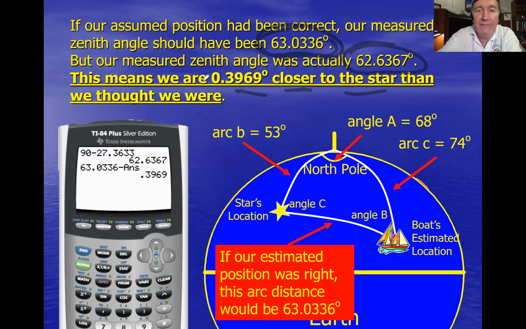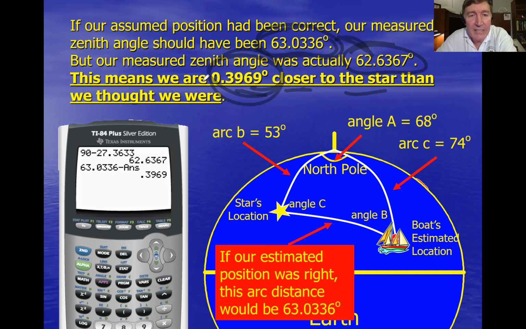If I subtract the two, this number right here is how much closer we are than we thought. So the circle of position is a circle that looks like this. Our fictitious estimated position is outside of the real true circle of position. So if we want to get to the circle of position, we need to go in a direction toward the star, and we need to go this distance right here.